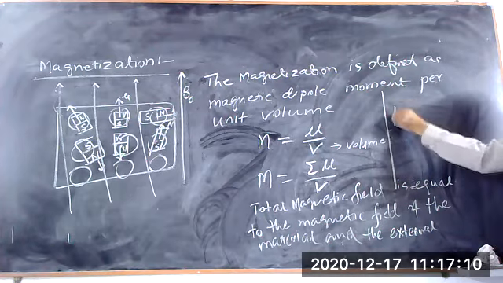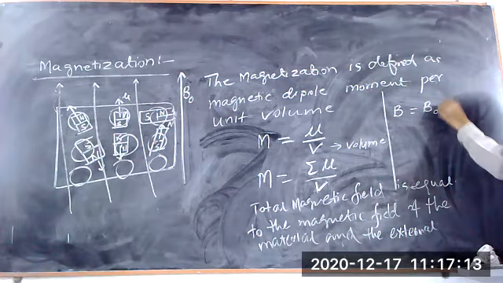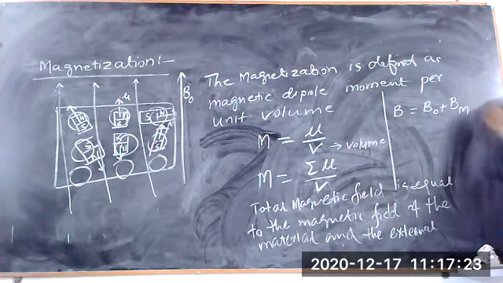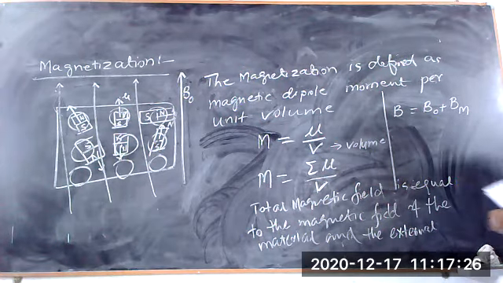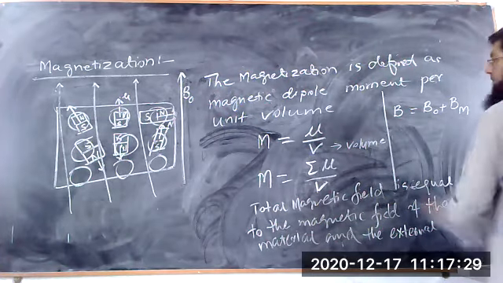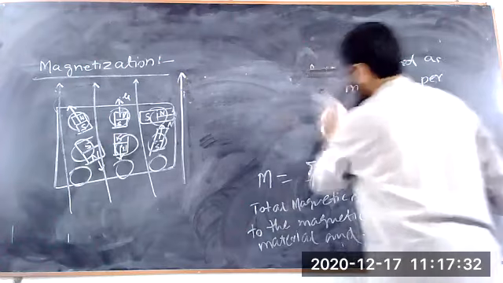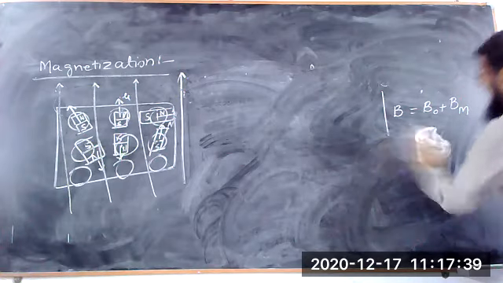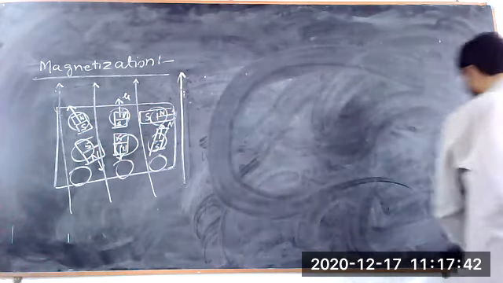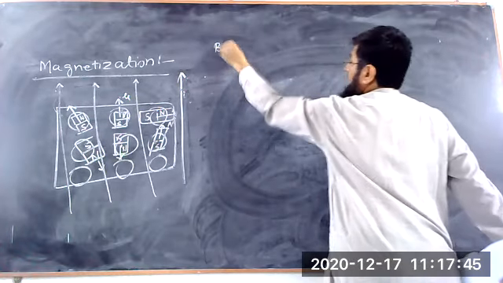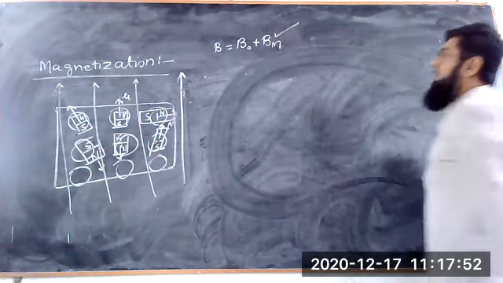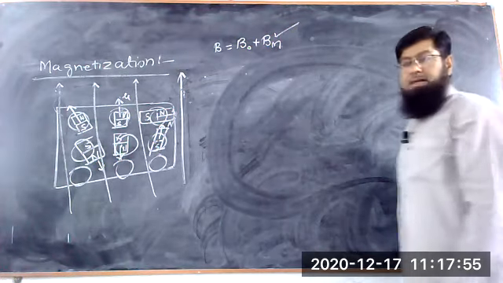So B is equal to B naught plus Bm. This B naught is the external magnetic field, and Bm is the magnetic field produced due to the magnetization process.